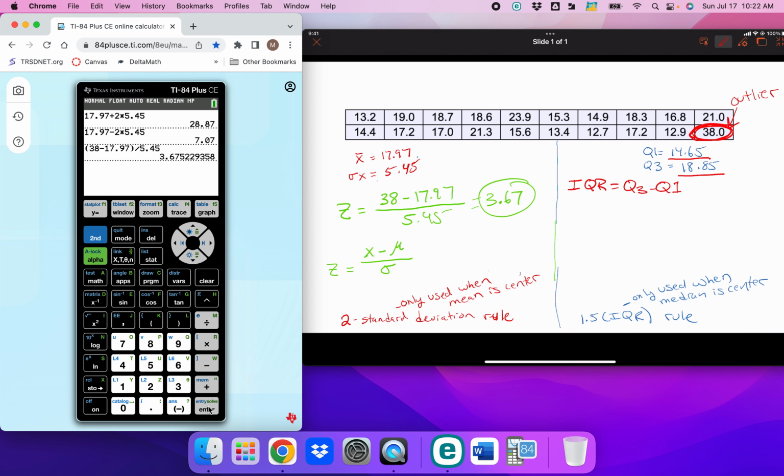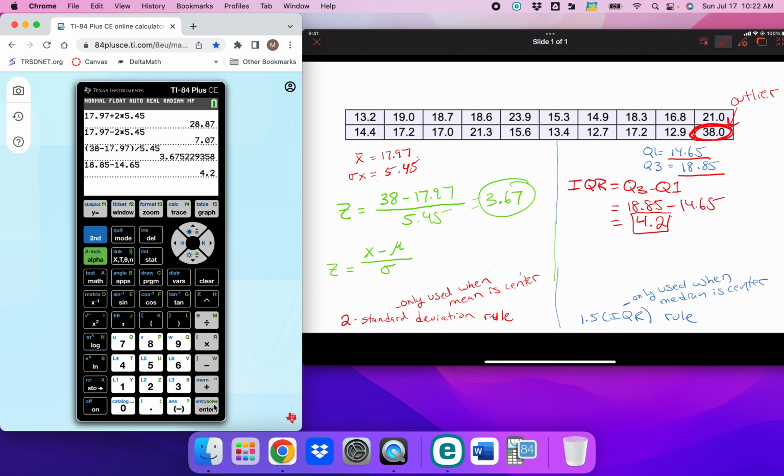So I will do 18.85 minus 14.65. This is my IQR. I can do this math in my head, but sometimes it's better just to use the calculator. I will not fault anyone for using the calculator. 4.2. So my interquartile range is 4.2.